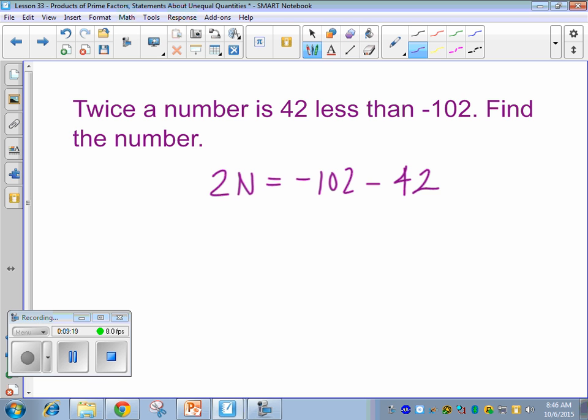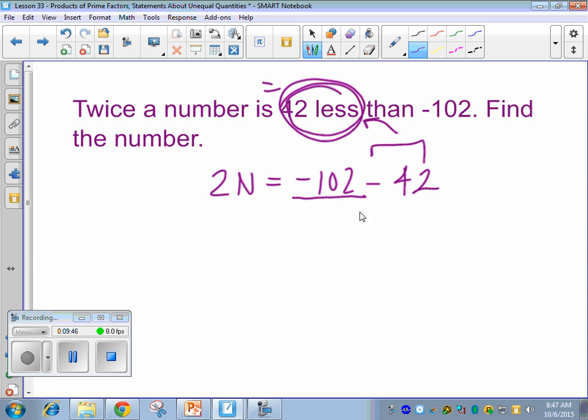So if I was reading this, twice a number, so that's 2n, that's pretty easy, gives me my equal sign. 42 less than, this one's important, we left a space for that negative 102 and put the minus 42 after it, less than negative 102. So the negative 102 goes in that blank spot.